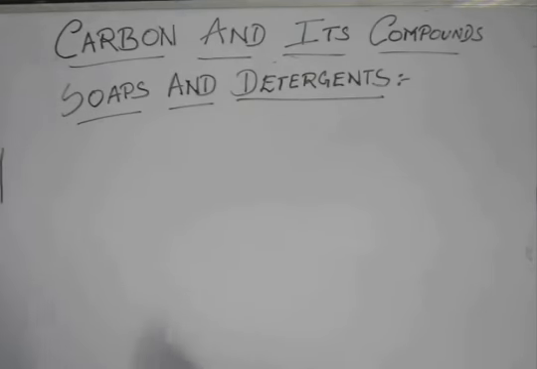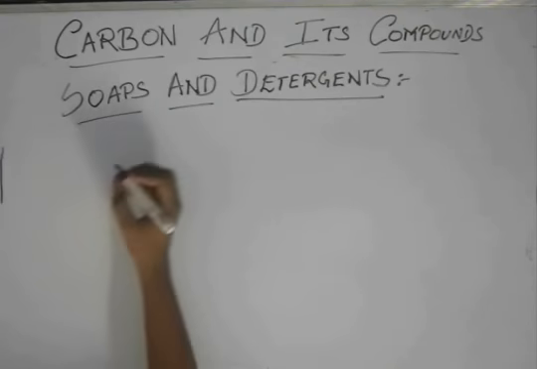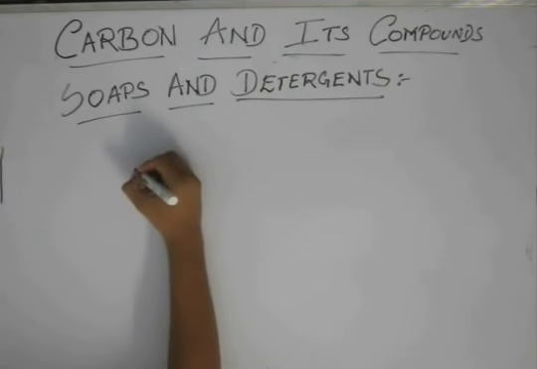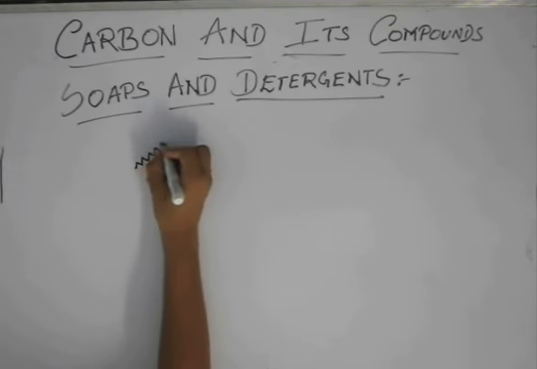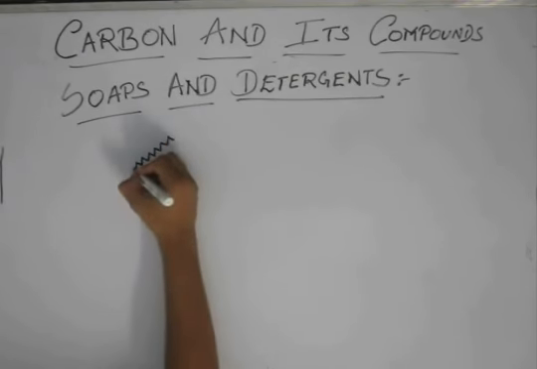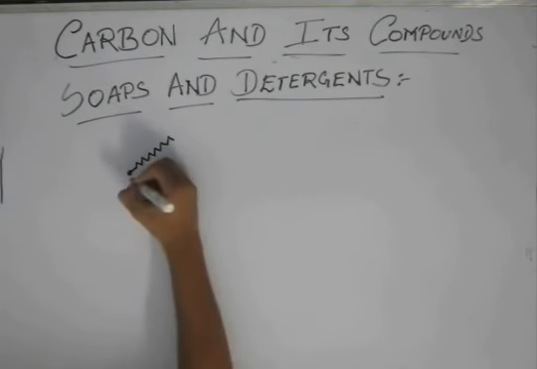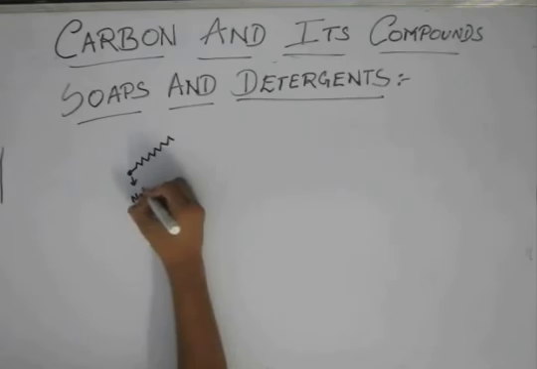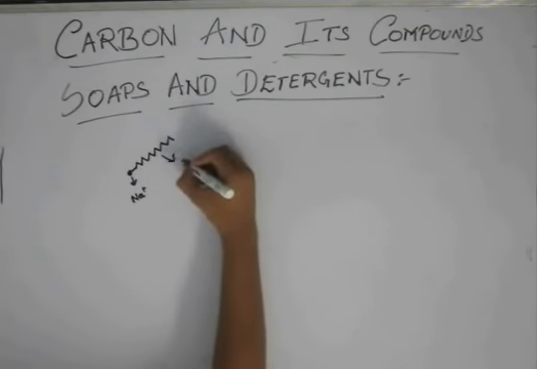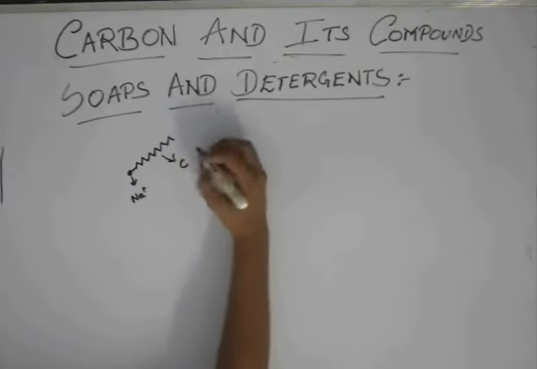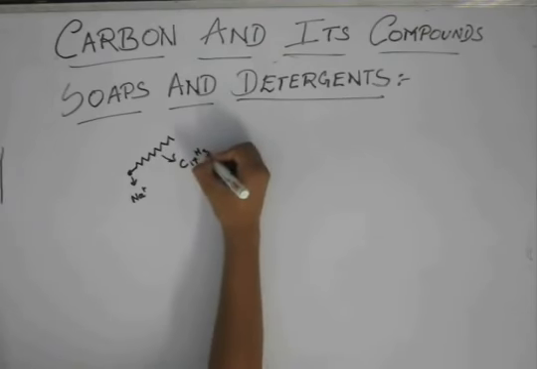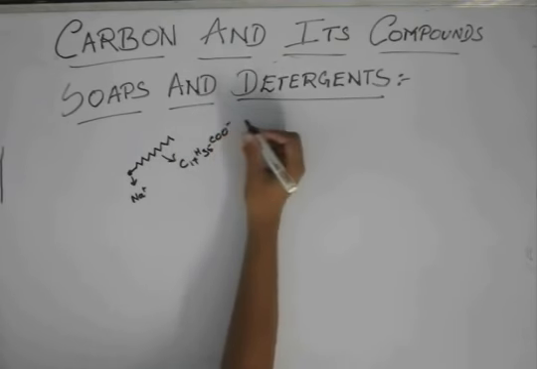So what a soap molecule looks like is somewhat like this. That is, this is the sodium ion and this is the long chain, that is C17H35COO minus.